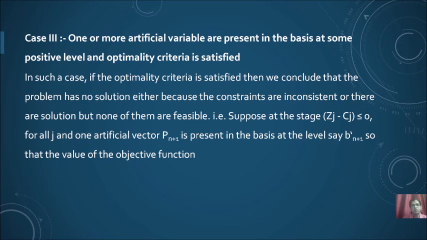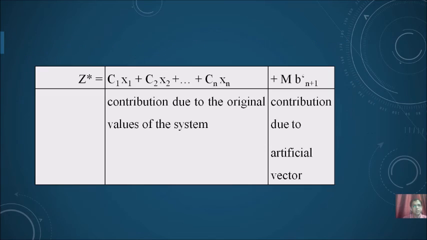Since it is at the positive level, we need to use this value for the calculation of the objective function. The value of the objective function now will be z star, which is equal to c1x1 plus c2x2 up to cnxn plus M, which is the cost coefficient of the artificial vector, into b dash n plus 1.